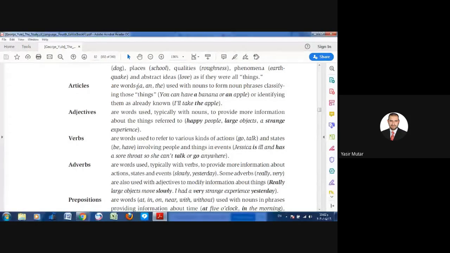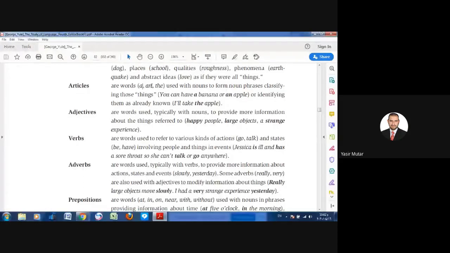In grammatical description they are called definite or indefinite. This is the definite article, and those are the indefinite articles. So when the thing is definite, we use the, and when it is indefinite, we use a or an.